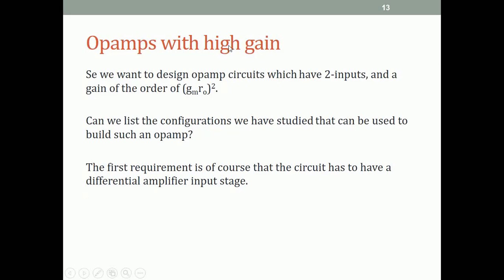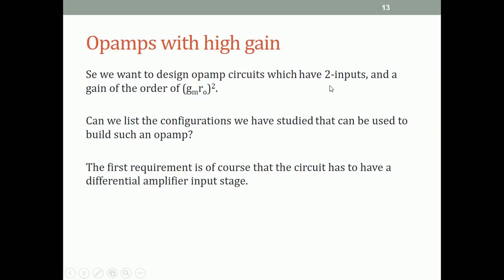Our goal to start this chapter, which actually will start in the next lecture, is to start looking at circuits which have two inputs and a gain of the order of gmro the whole square. Before you watch the next lecture, list the configurations that we have studied that can be used to build an op-amp of gain gmro squared.